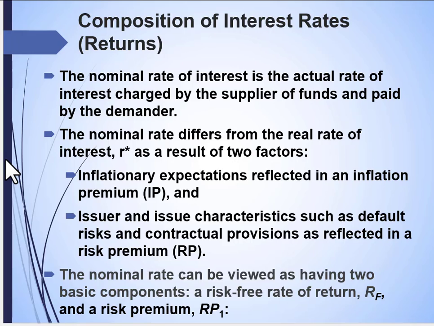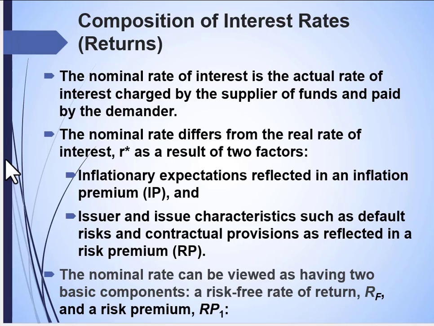Now, the nominal interest rate is the actual interest rate charged by the supplier of funds and paid by the demander. Now, this nominal rate differs from the real rate. Why is it different? Well, because there are other parts of the equation, right? So there are inflationary expectations.